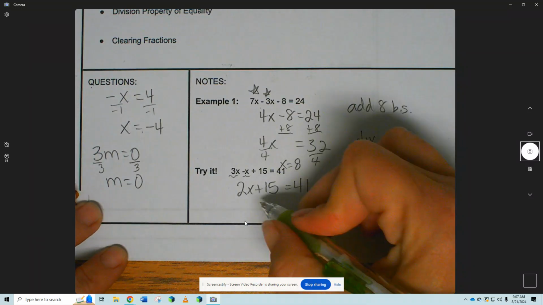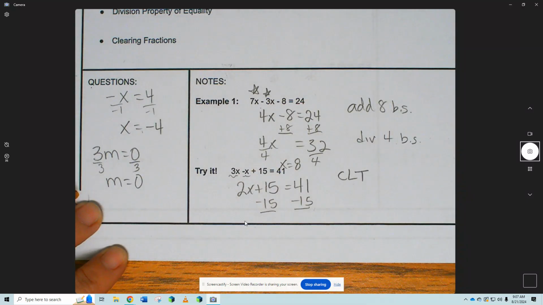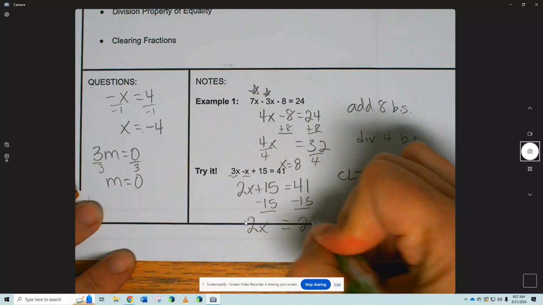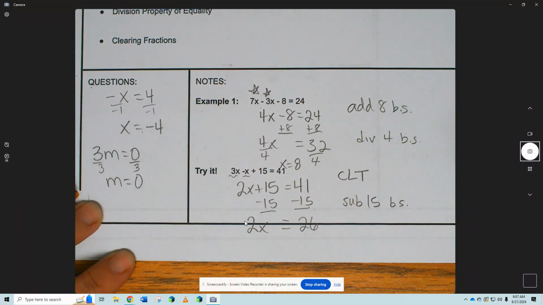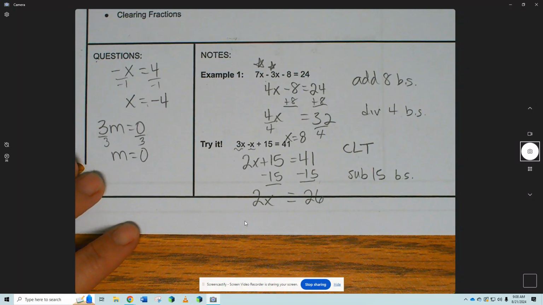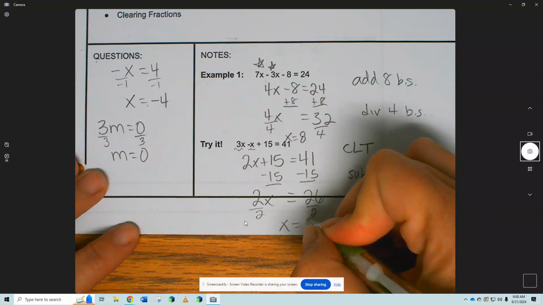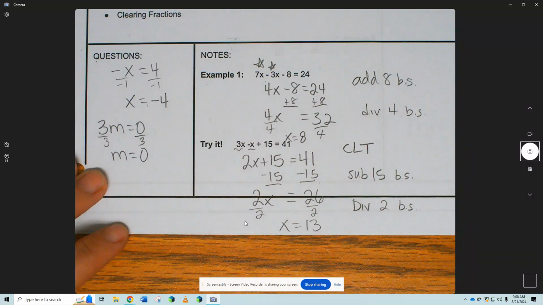Minus 15. 2x equals 26. Subtract 15, both sides. And then what did I do? Divide by 2. Seem okay? Just a little bit more difficult than the first 3 on the back.